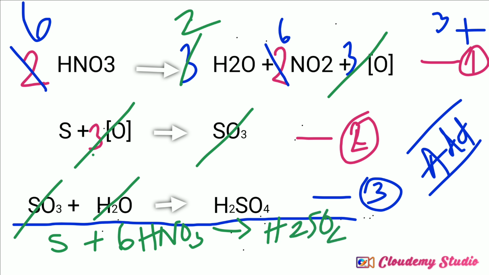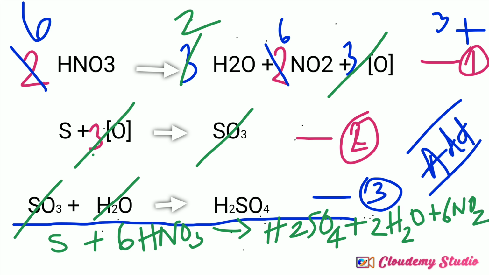H2SO4 plus. Then second equation, everything is over. At the first equation, what are the things left out? Two substances. What are they? 2 moles of water and 6 moles of nitrogen dioxide.